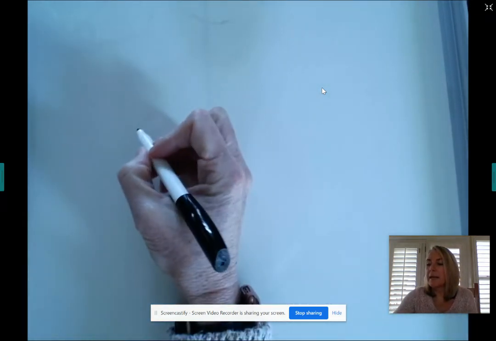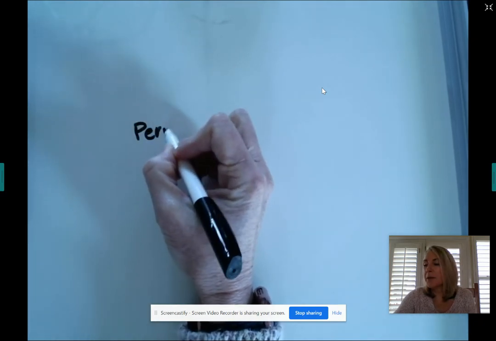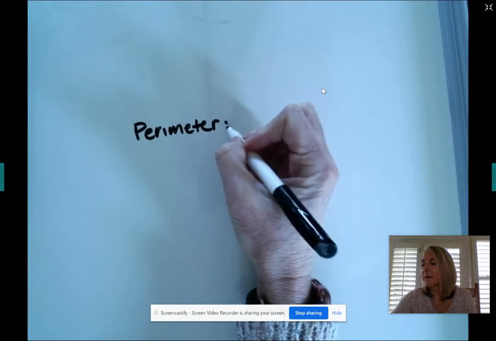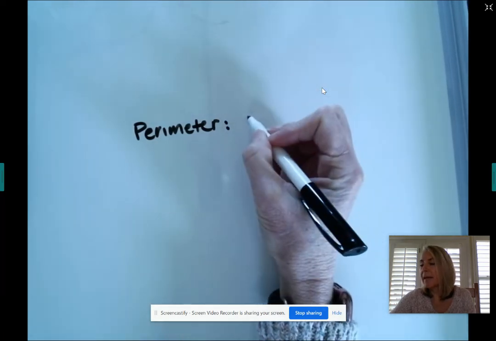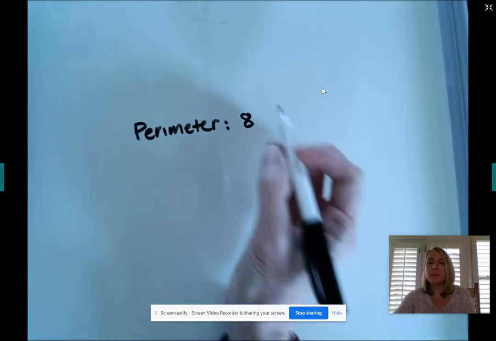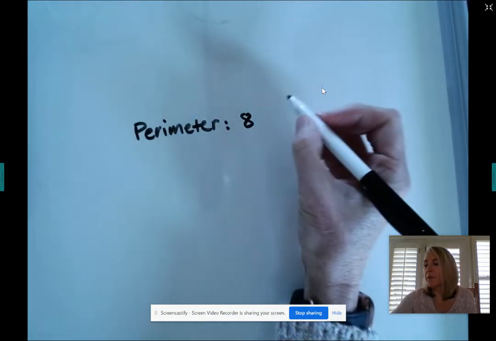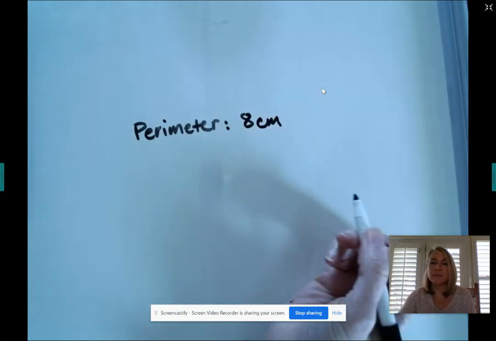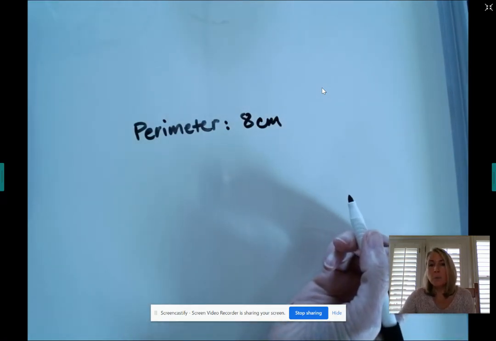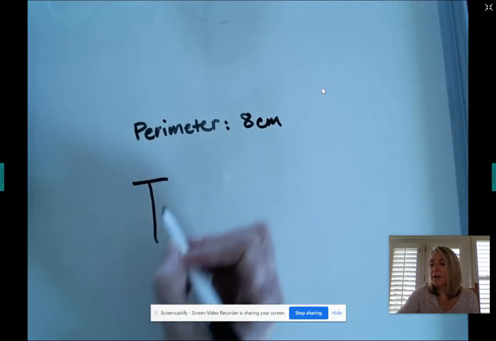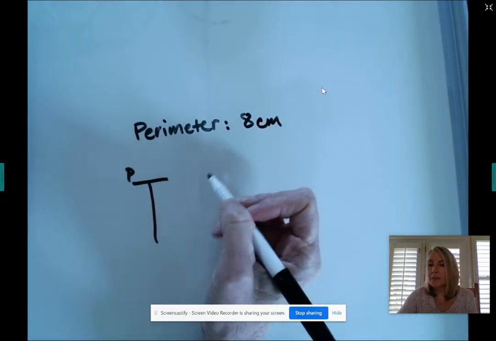So they might say, if you have a perimeter of 8, what would be some possible side lengths for that? Let's call them centimeters this time. So again, you're spending some time on this lesson reviewing how to generate rectangles with a specific perimeter.